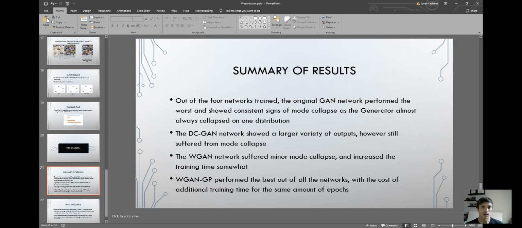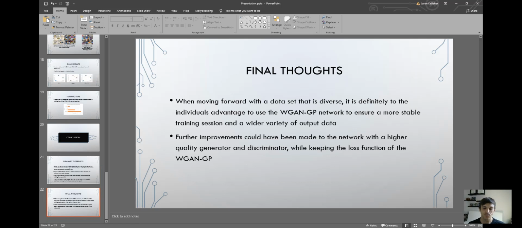The deep convolutional GAN unfortunately suffered from mode collapse, so really the sigmoid output layer is what hurts it in that network. And then the standard GAN network suffered from mode collapse completely and didn't even learn the artist data.